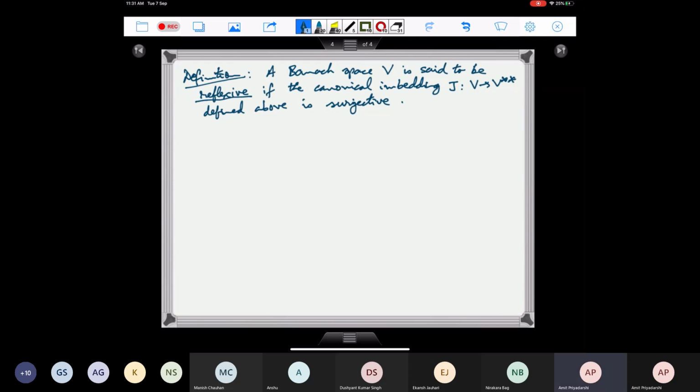So, example: first we will show that the sequence space l^p is reflexive if p is greater than 1 and less than infinity. So for p strictly between 1 and infinity, this little l^p space will be shown to be reflexive.